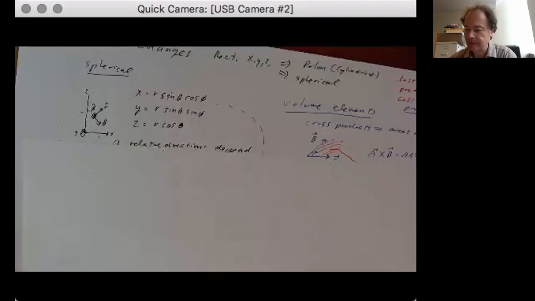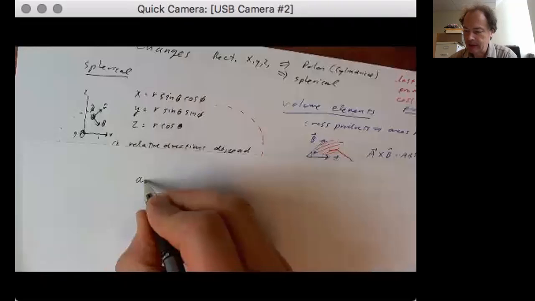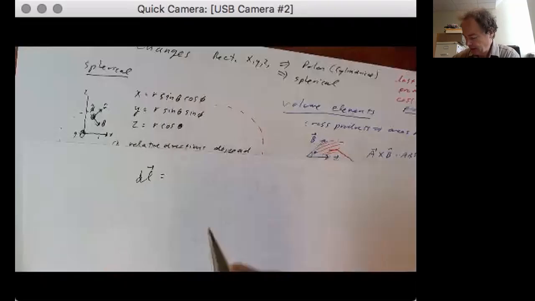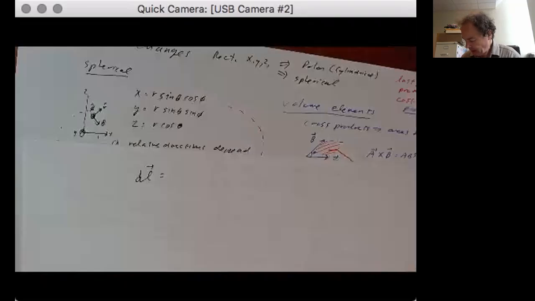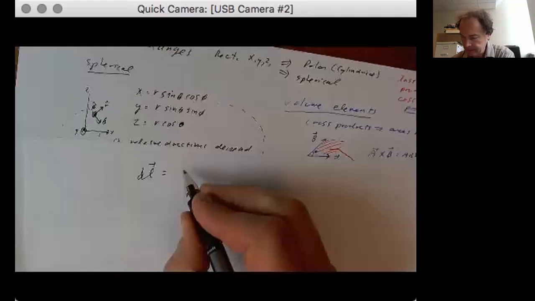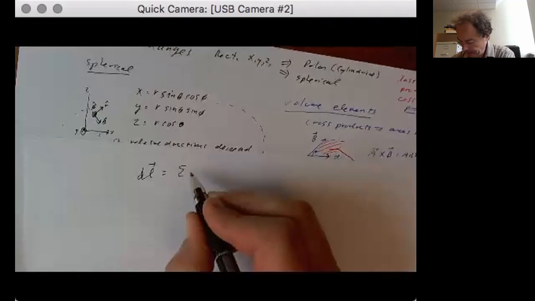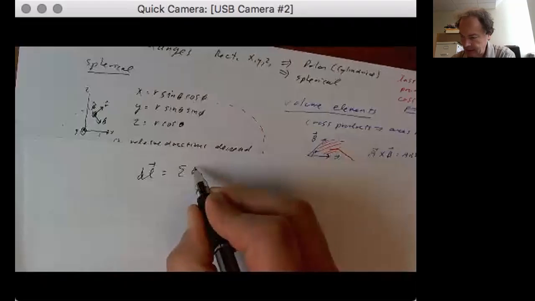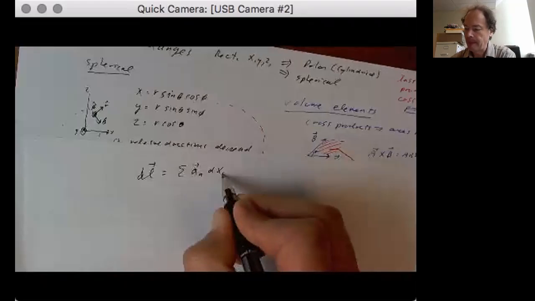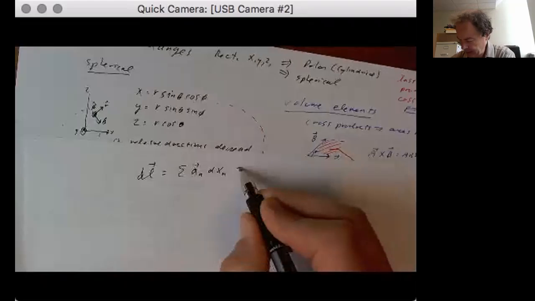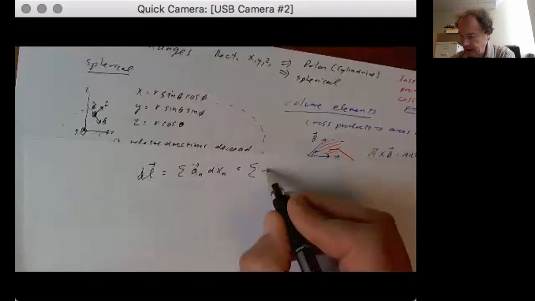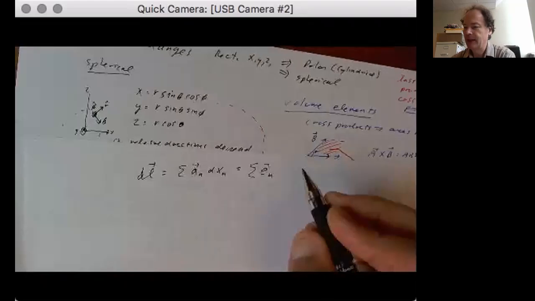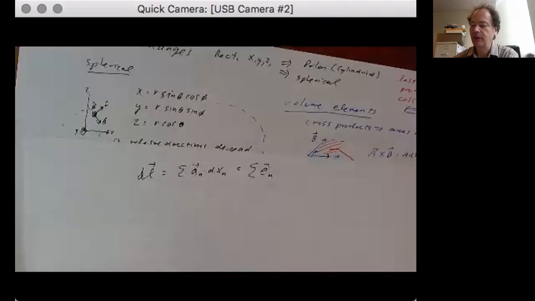We wanted dl. dl turns out to equal the sum of a sub n dxn, which we now know is the sum of e hat sub n. That's the unit vector with no dimensions.